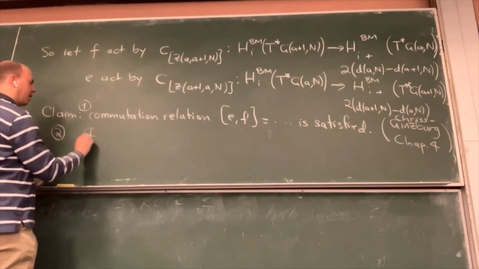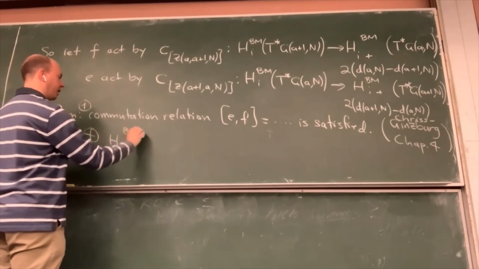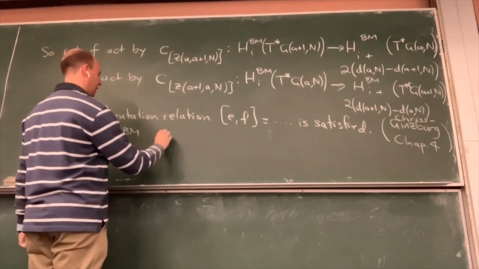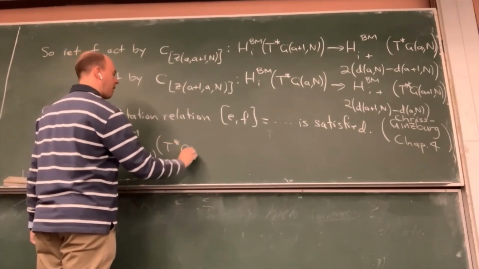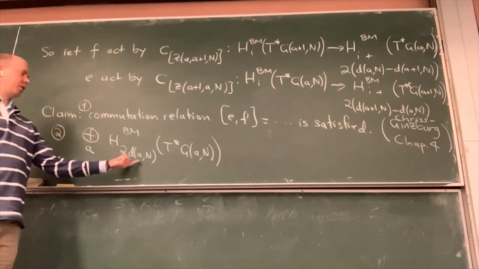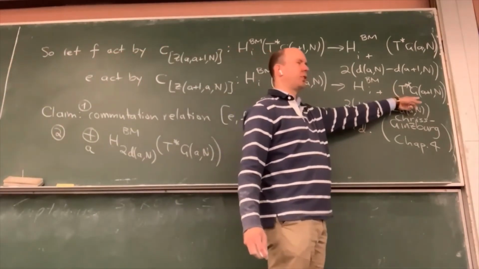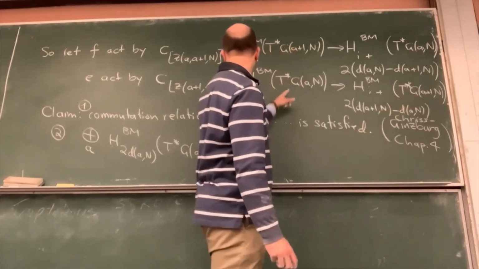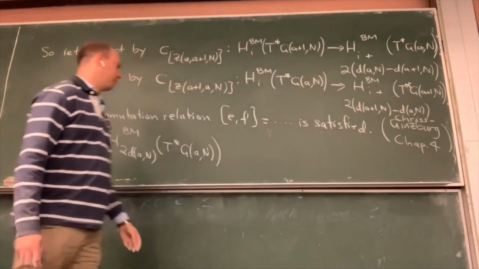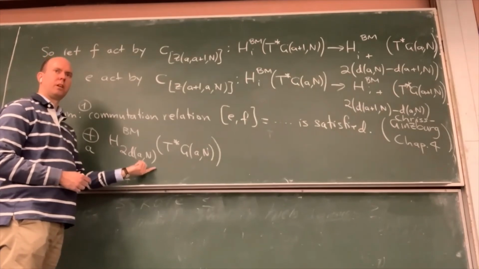So if you just take the Borel-Moore homology in degree 2 dAn, then clearly you'll land in the same degree for the A plus 1 thing here when you apply E, and similarly for F. So this subspace with these particular degrees is an SL2 submodule of the whole thing.